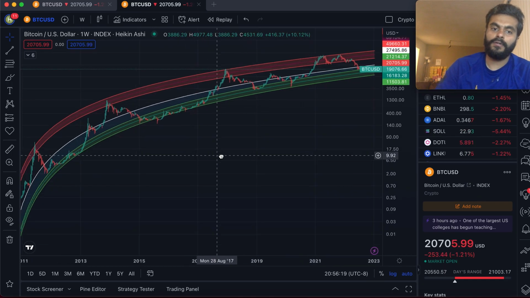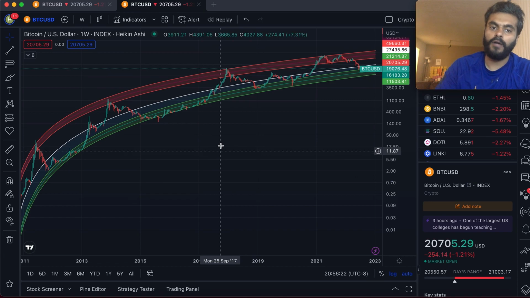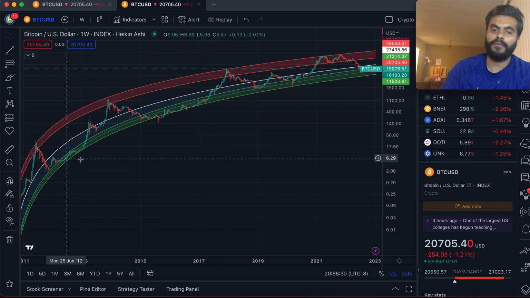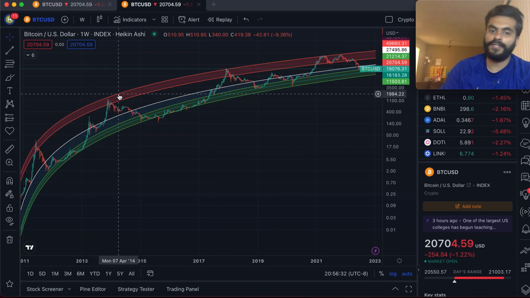So I just wanted to show how this logarithmic regression approach, which is well fitted to the price action of Bitcoin, would help an investor in determining if it's a good time to buy or sell Bitcoin.